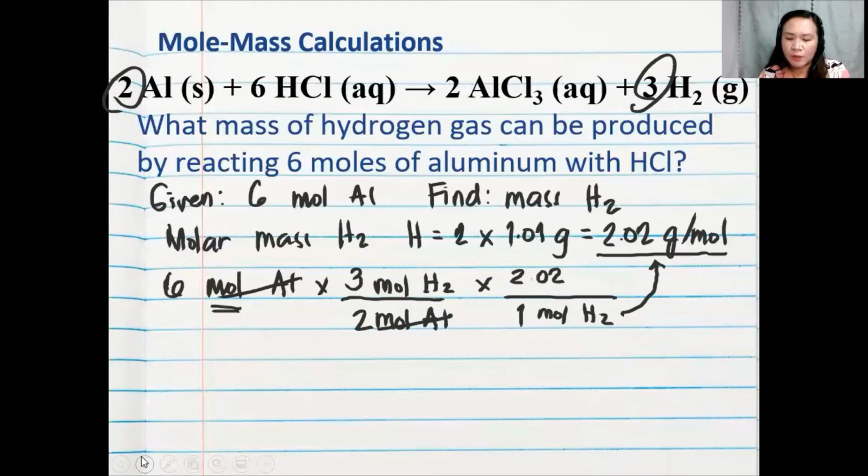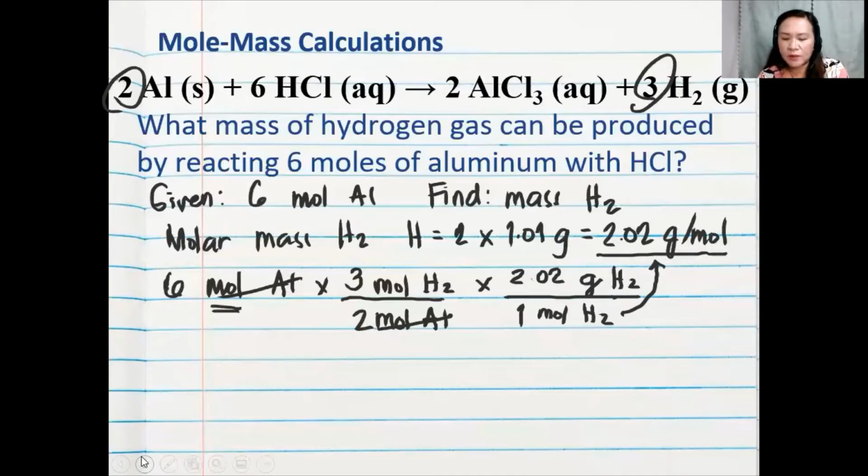And we get 2.02 grams. Now, please don't get confused, because some of the students always get confused. They think that if it's grams, they will put the mole ratio. Do not put the mole ratio. You have to put 1 mole because you are getting the conversion from the molar mass. So now we have the moles above and the moles below.